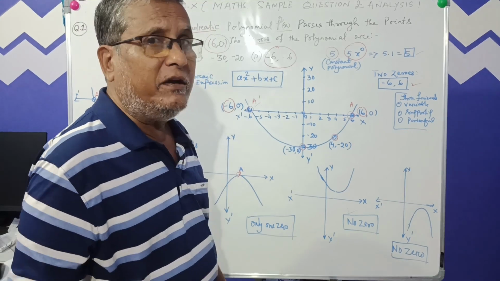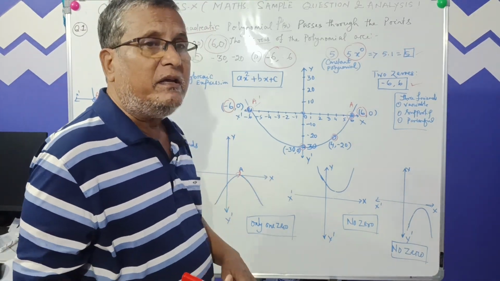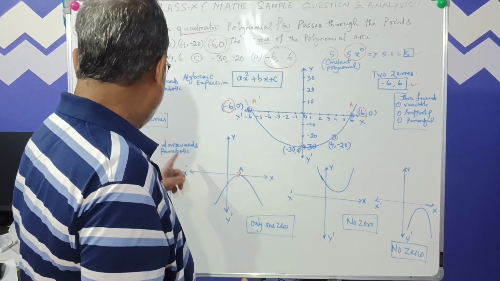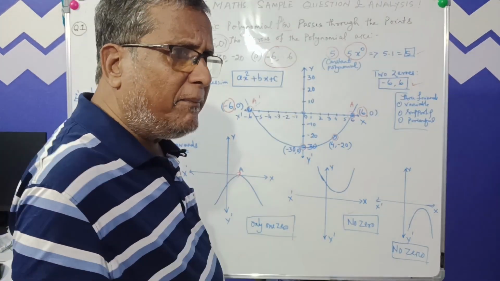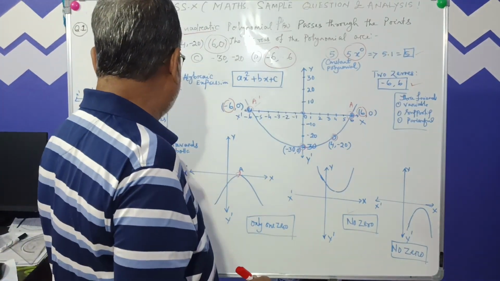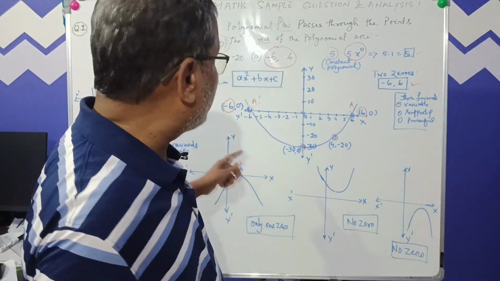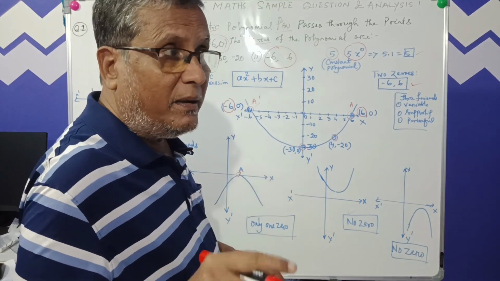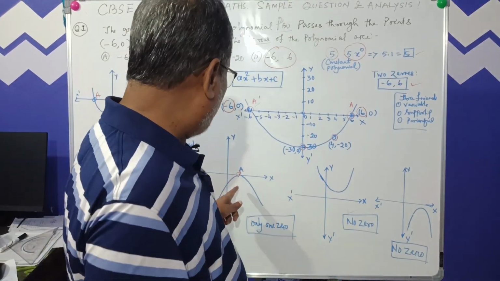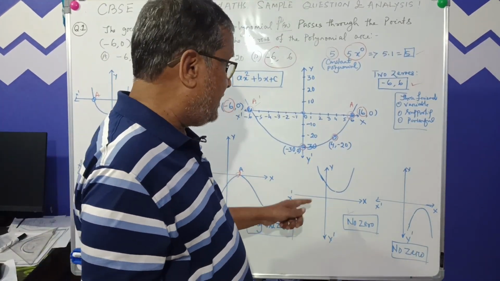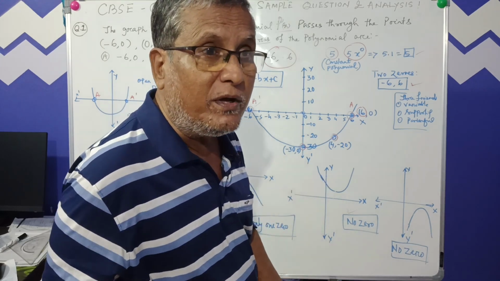But here is a question for you from this. Give one example of each case: a quadratic polynomial having two zeros, a quadratic polynomial having one zero, and a quadratic polynomial having no zero.